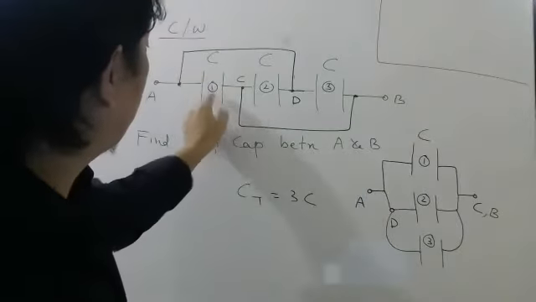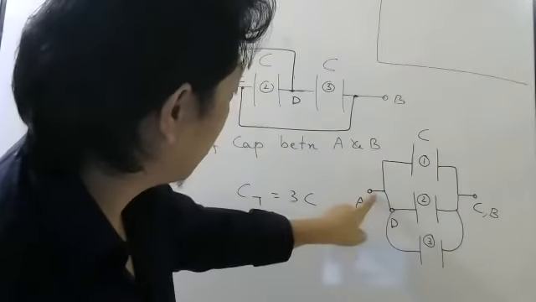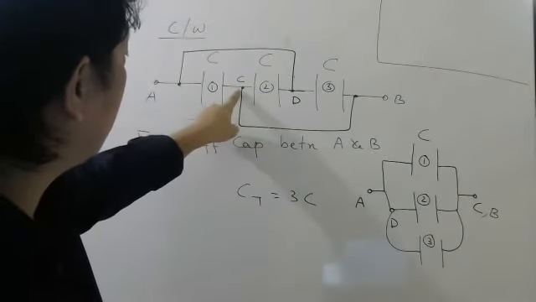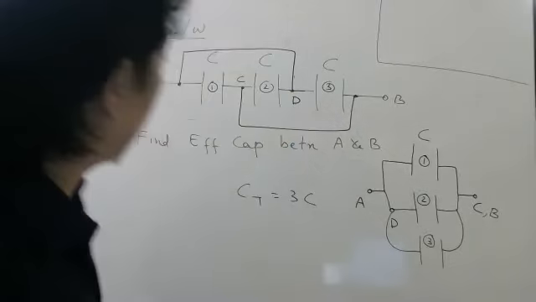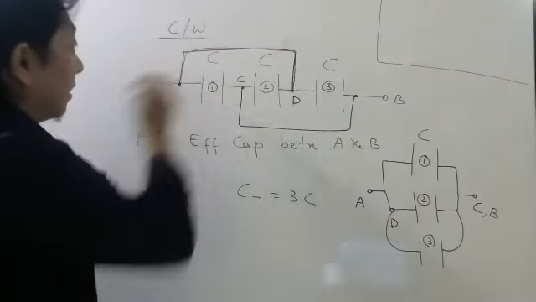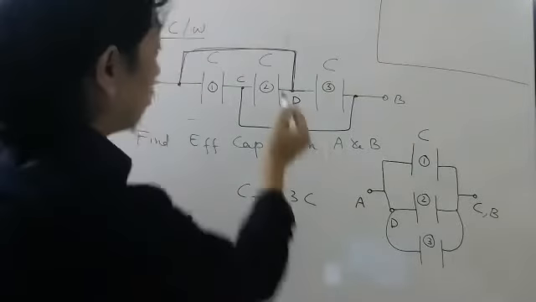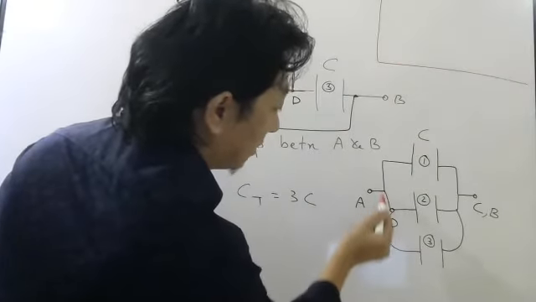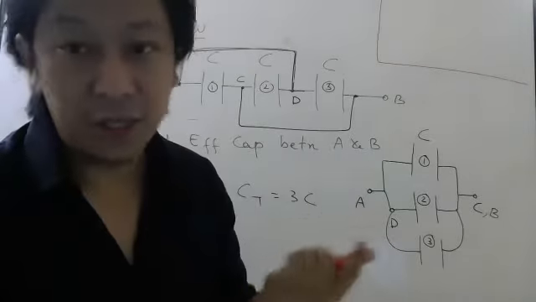So first capacitor is between A and C. Second capacitor is between C and D. But you see carefully, Sanjay. D is connected to A. Since it is a conducting wire, potential will be same only. So D and A are basically same point because they are connected to each other directly.